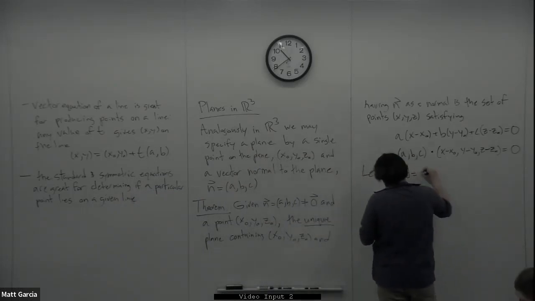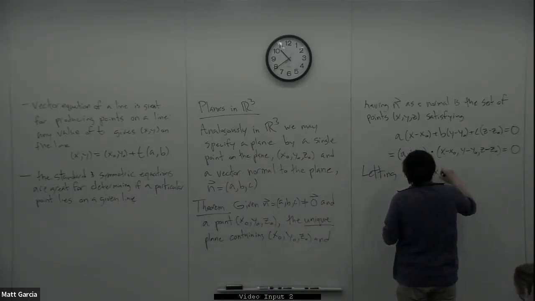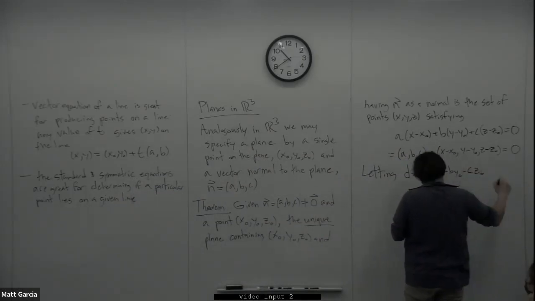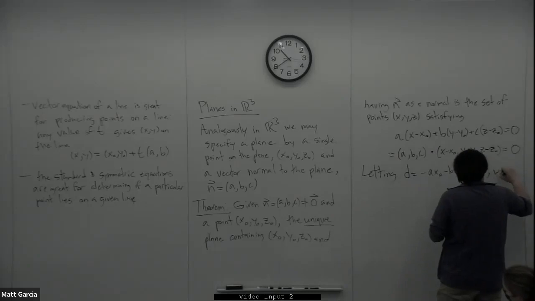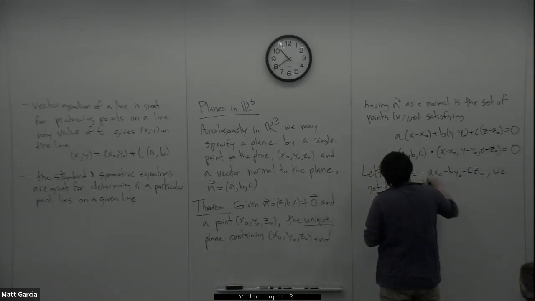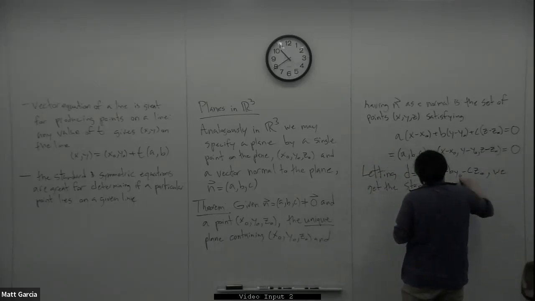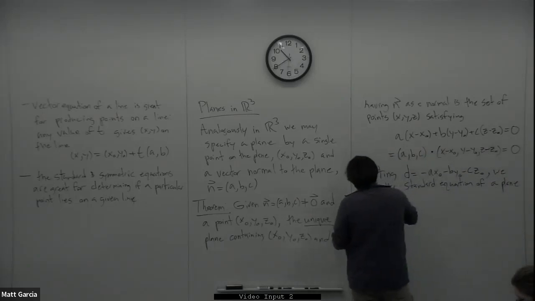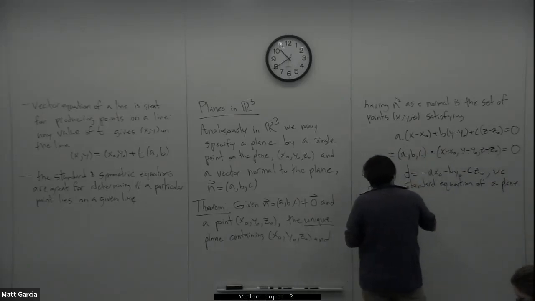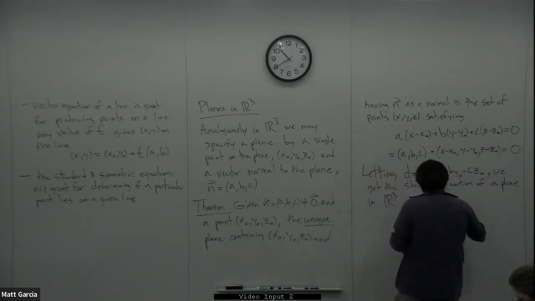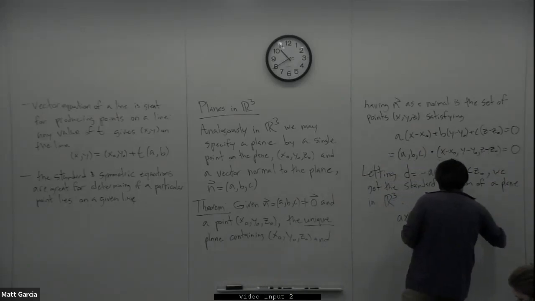If we let d be equal to negative a x naught minus b y naught minus c z naught, we get the standard equation of a plane in R3: ax plus by plus cz plus d is equal to 0.